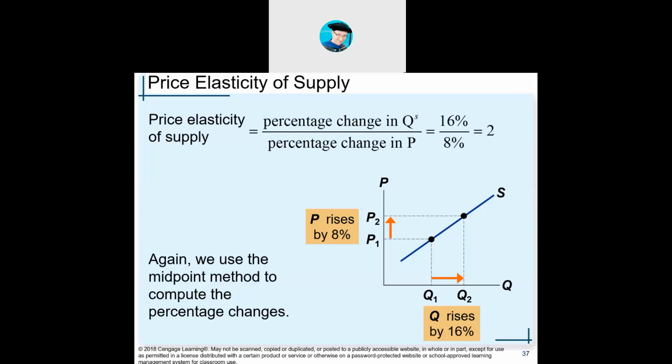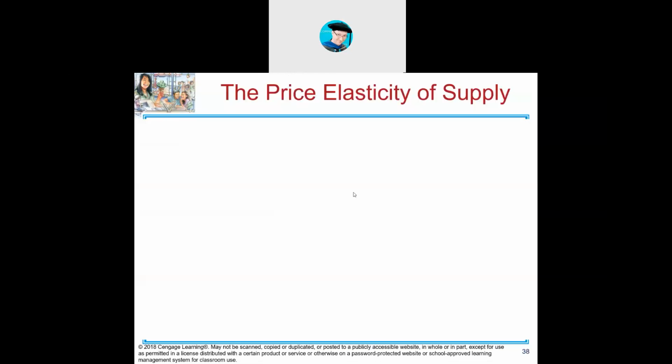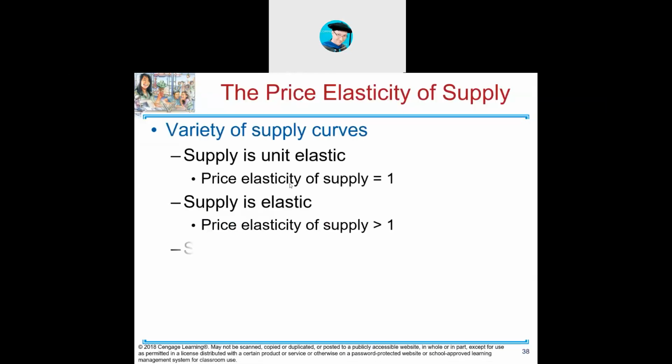And then you do the same thing to get the percent change in price. So it'd be P2 minus P1 divided by P1 to get the percent change in price. Because remember, to get the percent change of anything, it's the new minus old divided by old. It's percent change. Oh, and then of course multiply by 100. Don't forget that part.